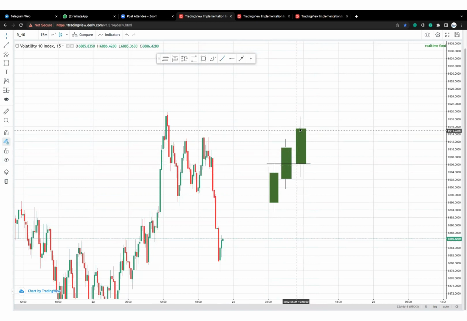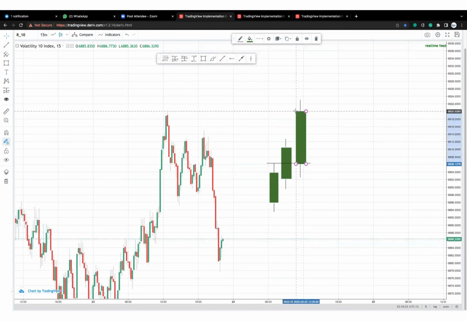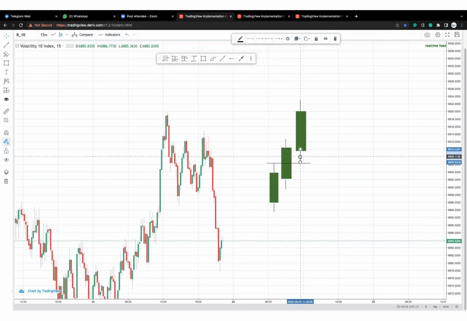Now, once we talk about inefficient market delivery, it means the buys and the sales are not balanced. There is an inefficiency in price, and this form of inefficiency is an imbalance once we talk about fair value gaps. Now, this is how it is going to look like.